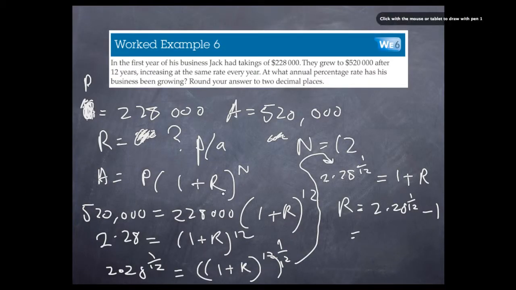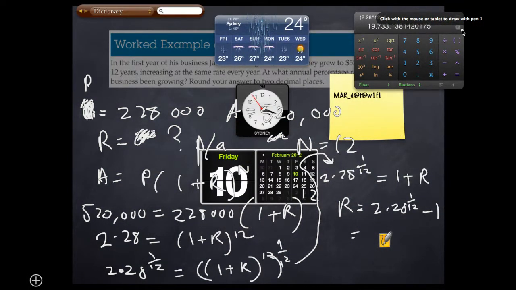Doesn't sound very right, does it? Sorry, I think I made a mistake with my calculation, so let's try again. It's 2.28 to the power of 1 over 12. Now I need to put these in brackets. Now that would make more sense. And minus 1. That's a lot better. So we have 0.07.